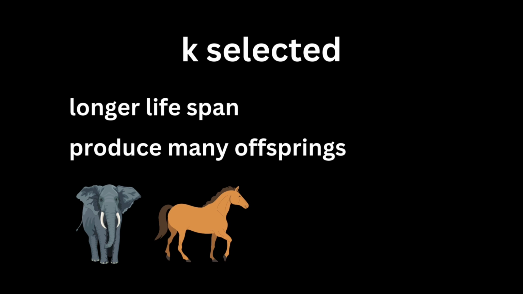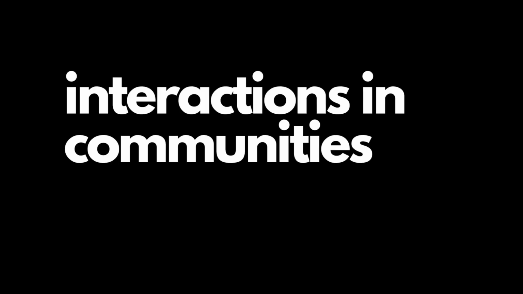Examples of species with K-selected traits include many large mammals such as elephants, horses, and primates. However, no species is completely r-selected or K-selected. Some species have a mix of traits, while other species may have more r-selected traits or more K-selected traits.